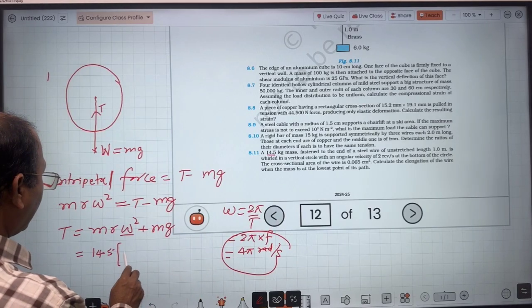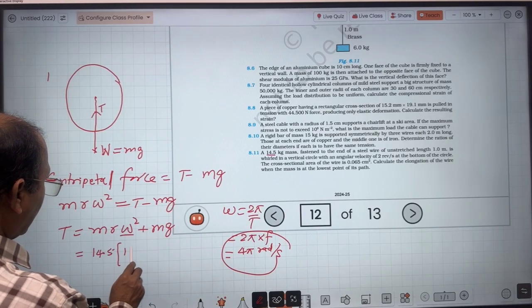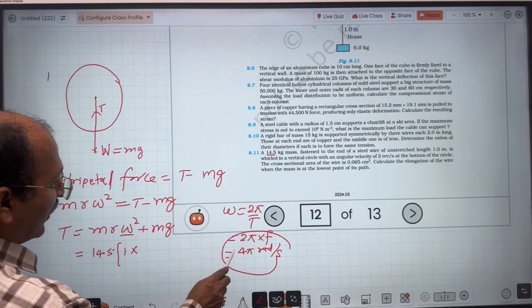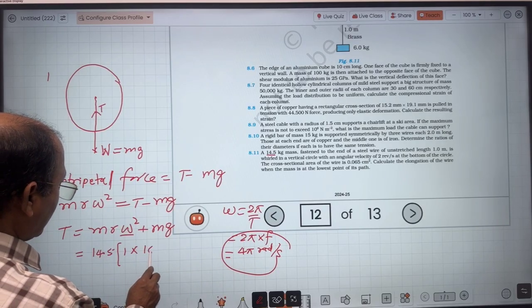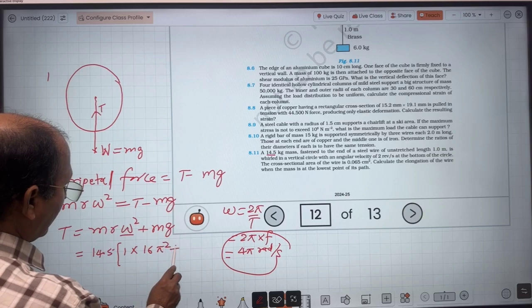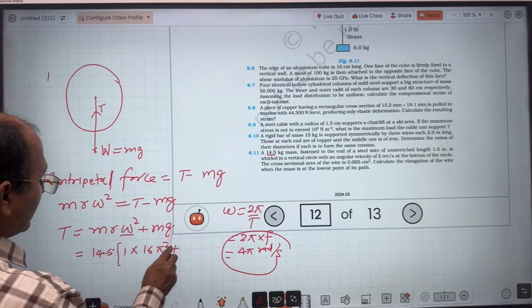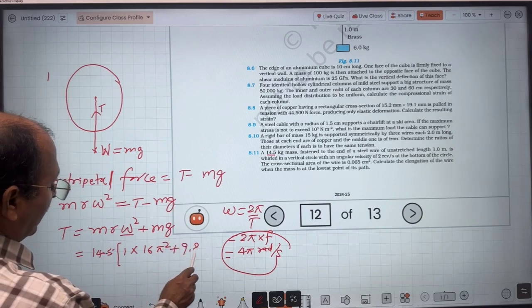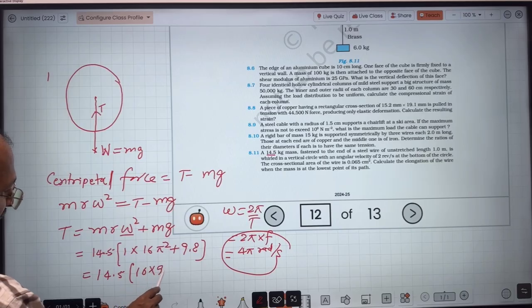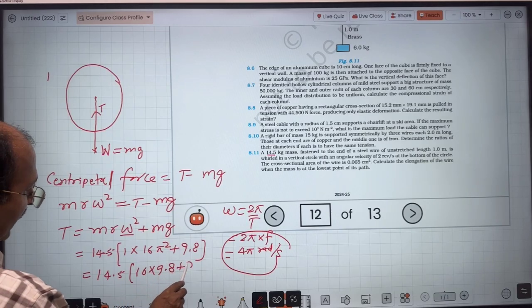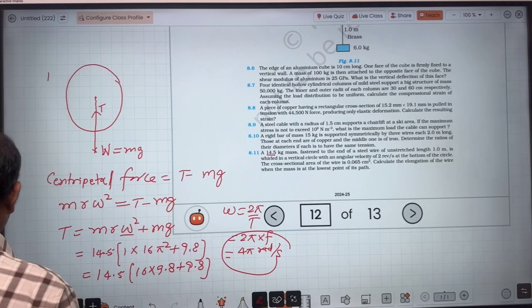Radius means the length of the wire, that is 1, into omega. Omega is 4 pi, so 16 pi square plus, m is already out, and g say 9.8. So 14.5 into 16 pi square plus 9.8.